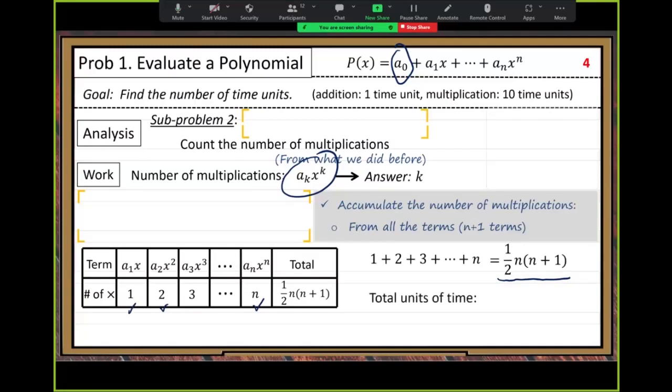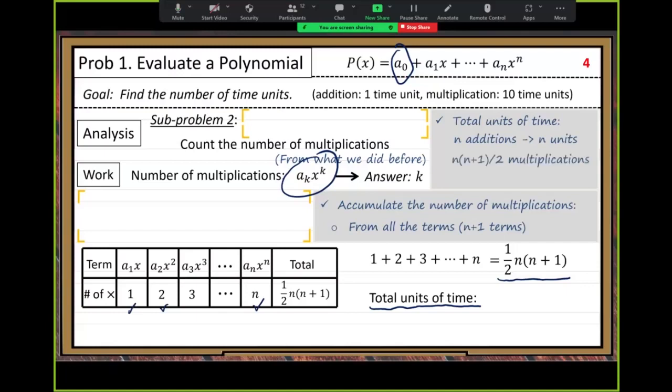But finally, when we need to look at the number of units of time, we need to do one more step. We need to look at the total number of units of time for the brute force method. For n additions, the contribution is n units of time.